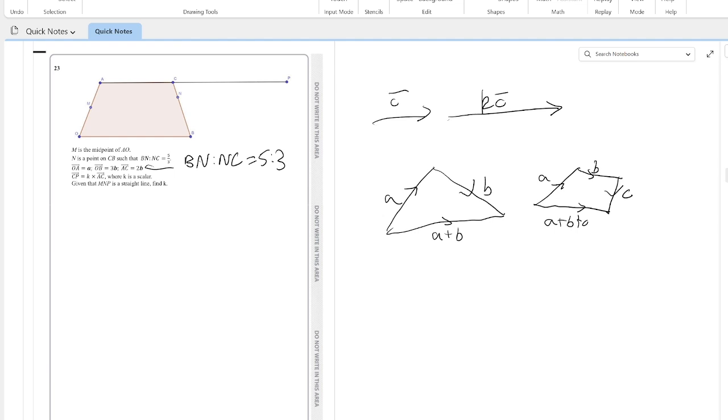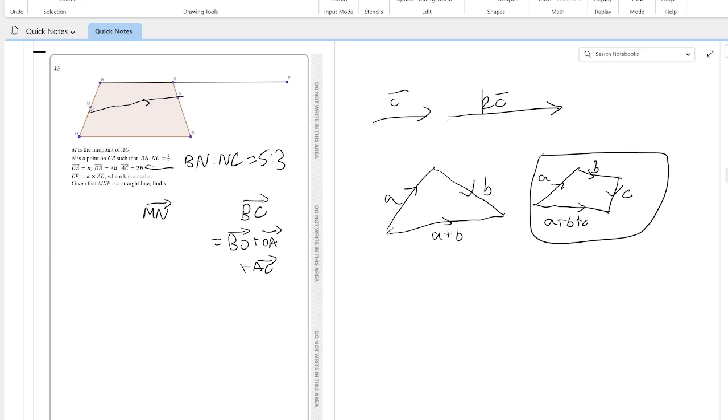So first of all, I think we should try and find the vector MN. In order to find MN, it looks like we're going to need MO, OB, and BN. And BN is related to BC, so let's find BC. We know that BC equals BO plus OA plus AC, because of this concept I was talking about earlier.